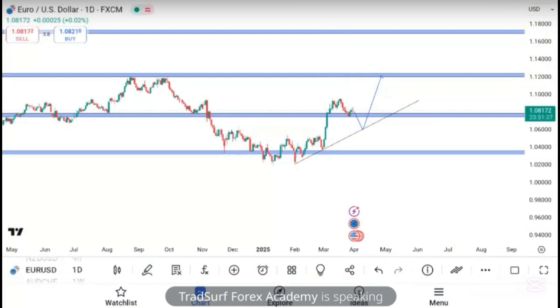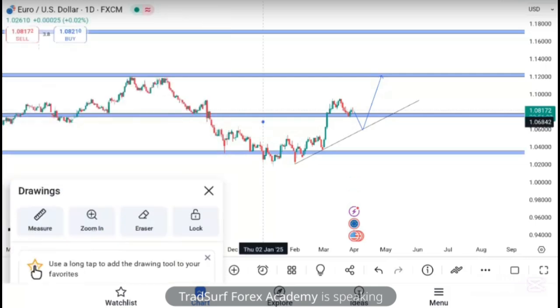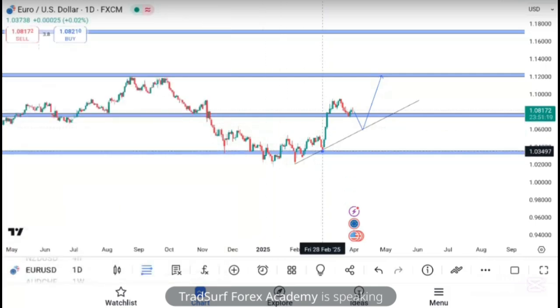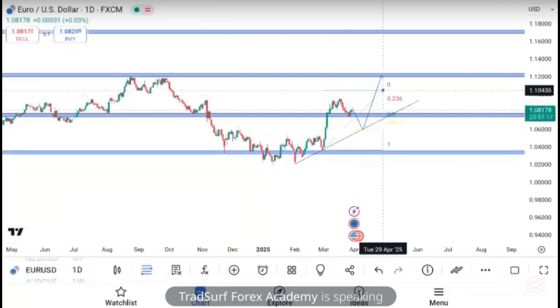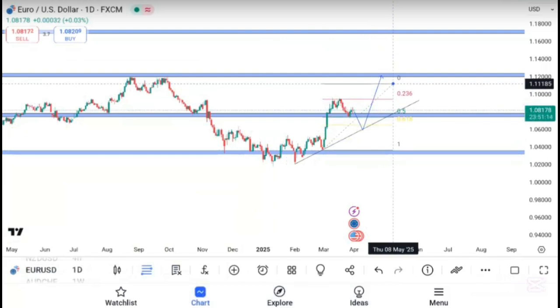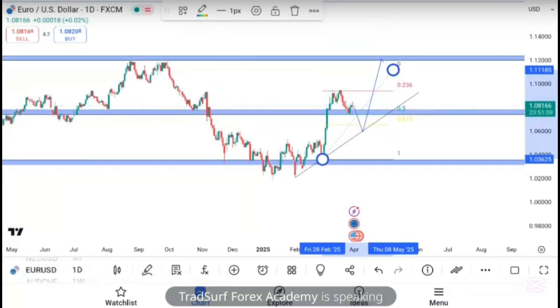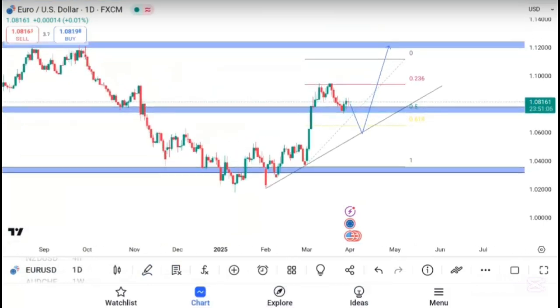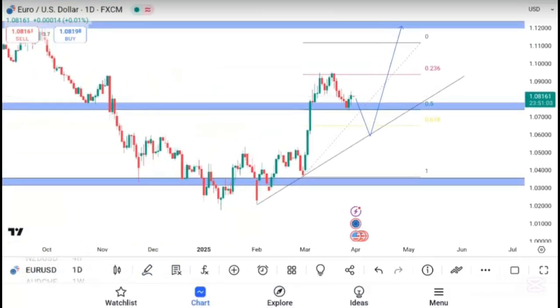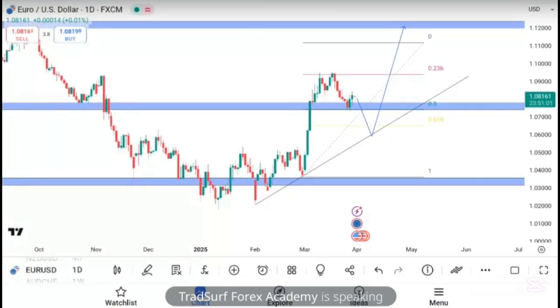Where will this market be retracing into? So I pick my Fibonacci tool. I extend it from swing low to swing high. Already price has tested the 50% retracement. So that's why it really gives this movement a bit upward.